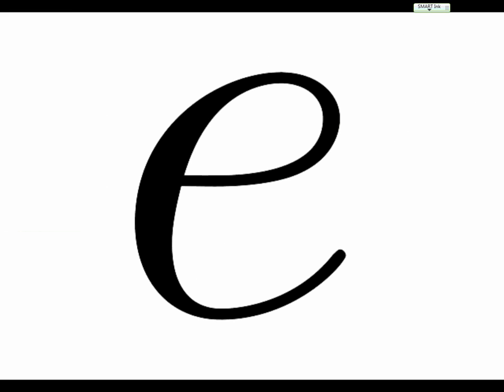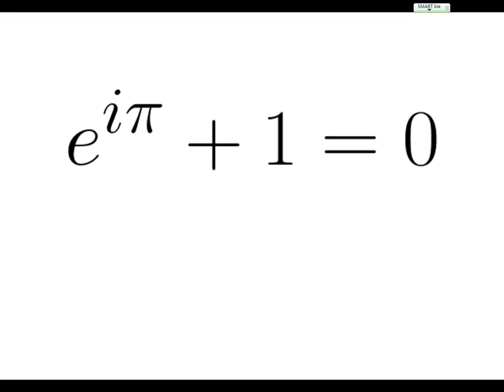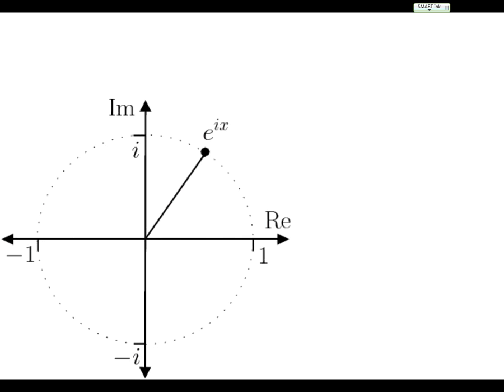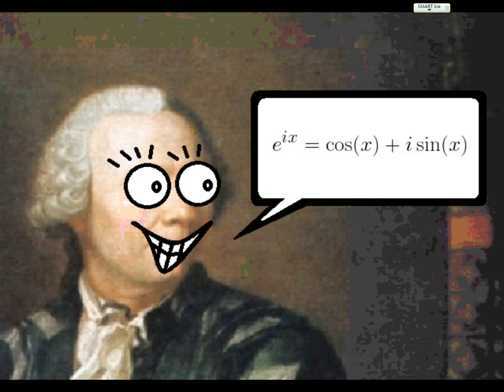It's one of five constants in the identity e to the i pi plus 1 equals 0.